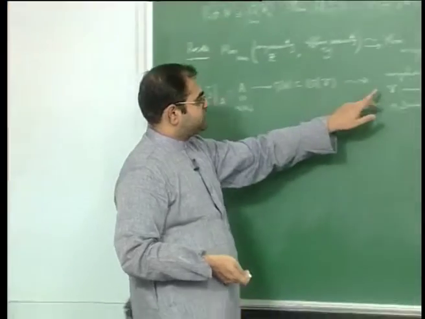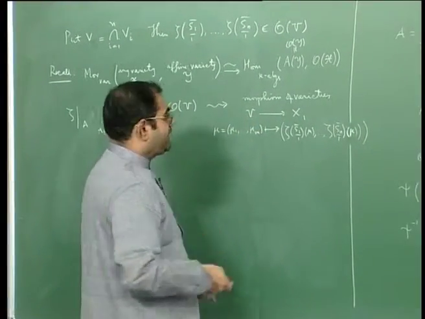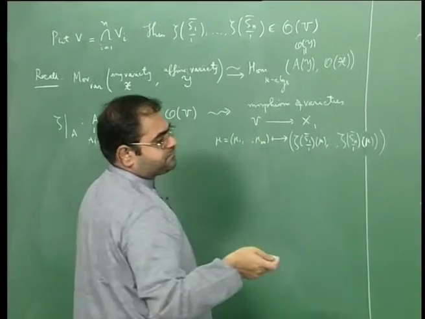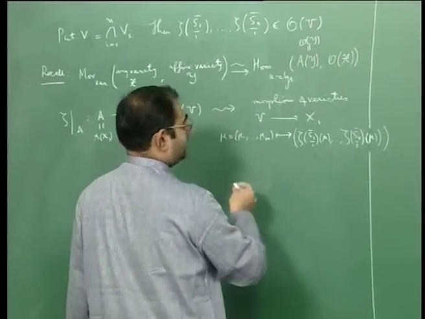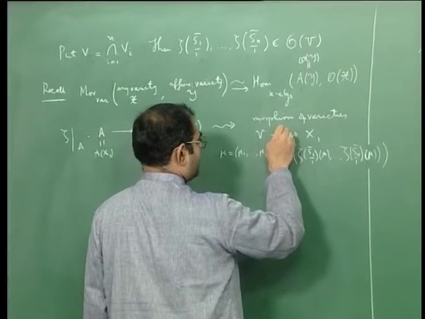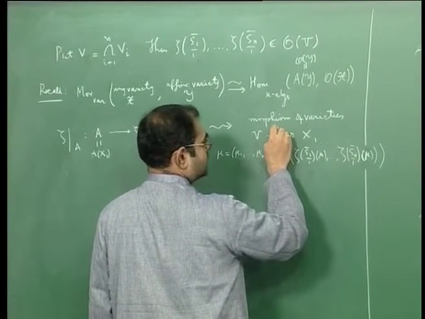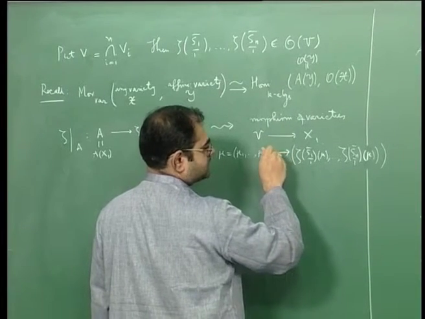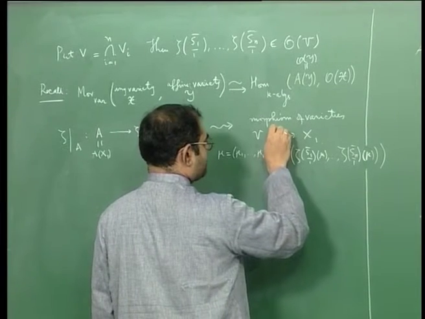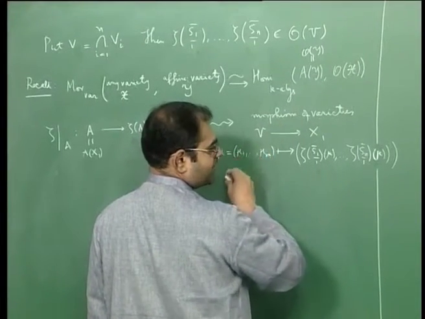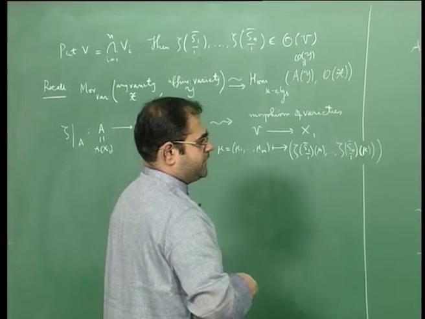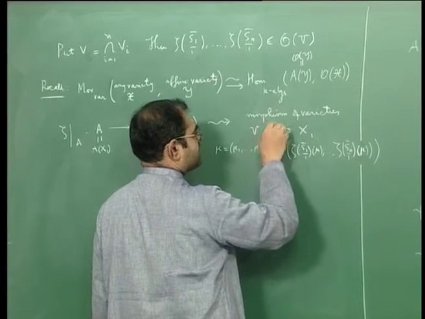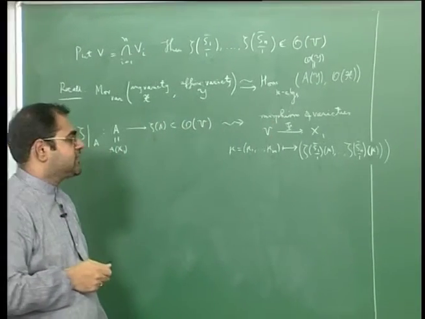So you get this morphism like this, and if you call this morphism, again let me use some notation, I'll use a capital psi, a block psi like that.